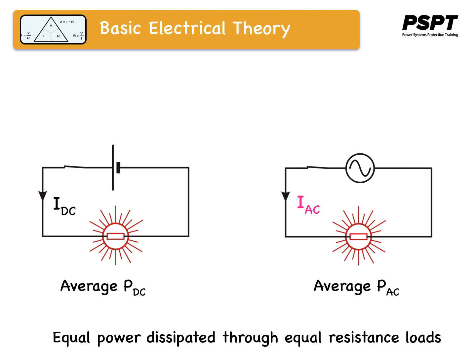We don't know what that is just yet, but if the light bulbs are the only source of dissipating the electrical load, which it is, then if they light the same amount of brightness and they're identical bulbs, then the power dissipated in both circuits is the same. In other words, the average DC power consumed by the light bulb is equal to the average power consumed by the AC light bulb.